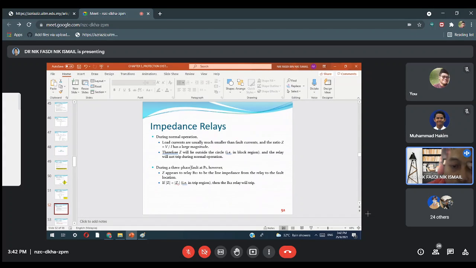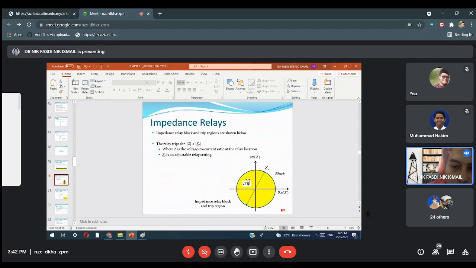During a three-phase fault at P1, however, Z appears to relay B12 to be the line impedance from the relay to the fault location. You know that during a fault, I will increase, it will rise up. So what happens is Z becomes smaller, so it will be located inside this circle.